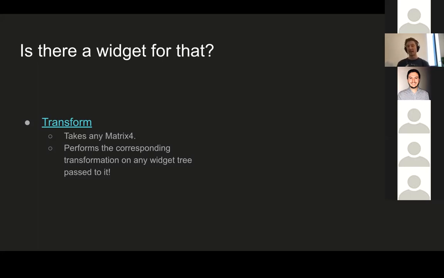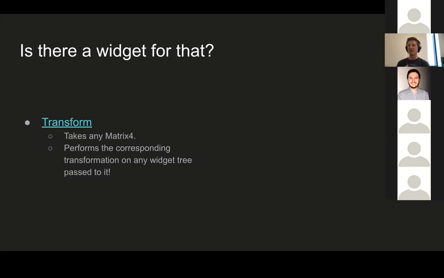And it also takes a Matrix4, and it applies the transform that matrix represents to the child in a static way. So you pass it a matrix and it renders your child, but maybe rotated and put off to the side of the screen or something like that, whatever transformation your matrix represents.